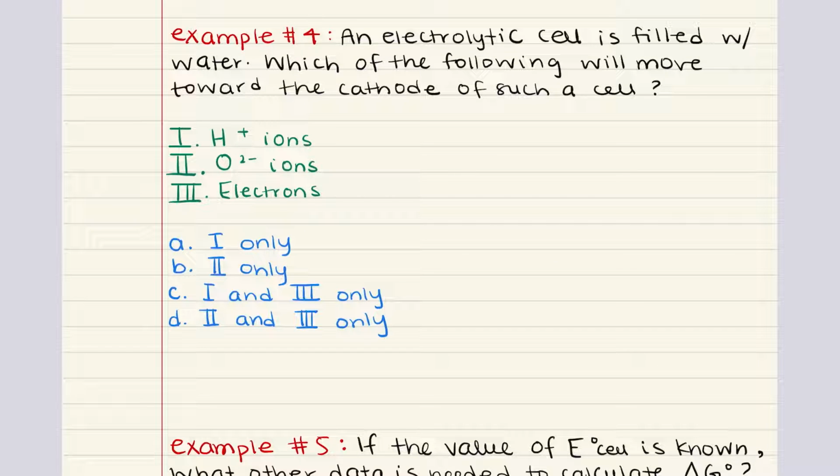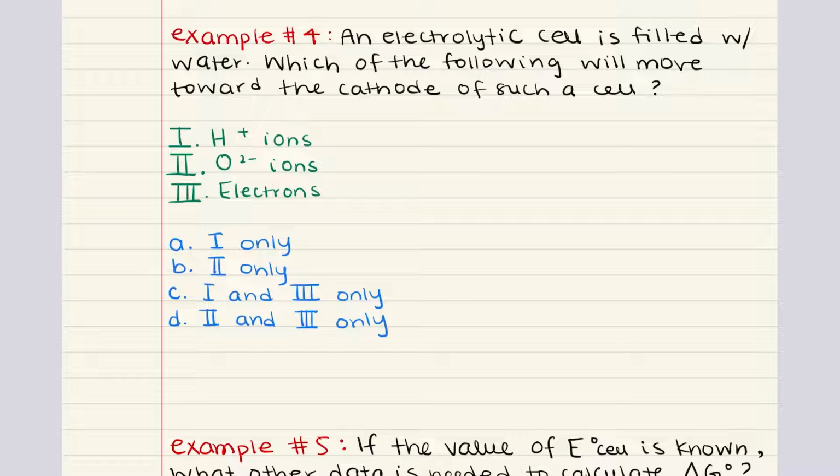Problem 4 says an electrolytic cell is filled with water. Which of the following will move toward the cathode of such a cell? Statement 1 says hydrogen ions, Statement 2 says oxygen ions, and Statement 3 says electrons. Now, in an electrolytic cell, ionic compounds are broken into their constituent ions.